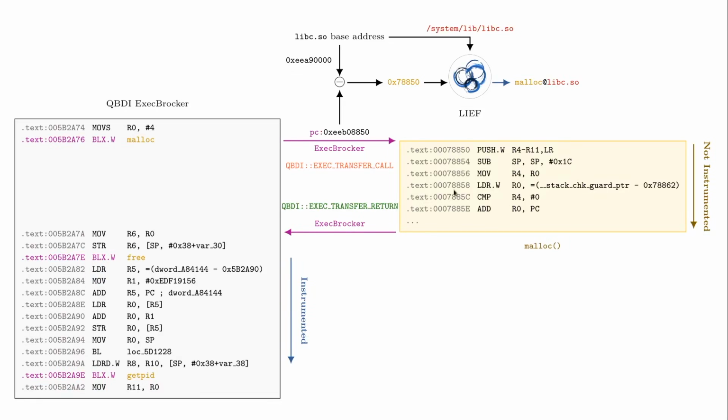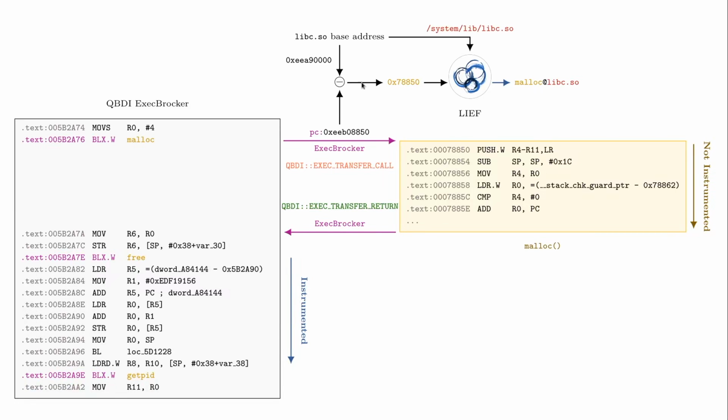So this diagram summarizes a bit of the process when there is an external call. Here, at some point in the instrumented code, we have a branch to malloc. QBDI is able to detect that the absolute address of the branch is not part of the instrumented range. So we don't want to instrument the code at this address. QBDI will just say, I'm stopping the instrumentation by triggering this event.